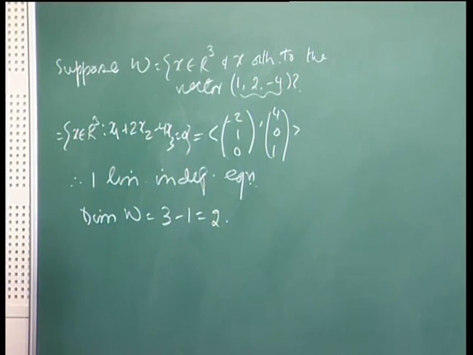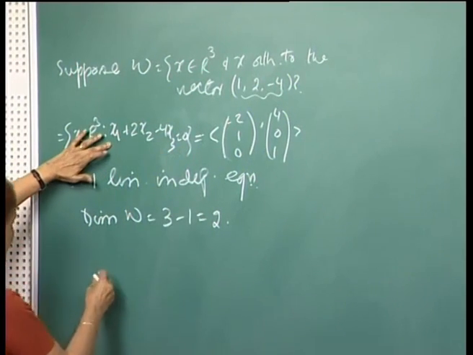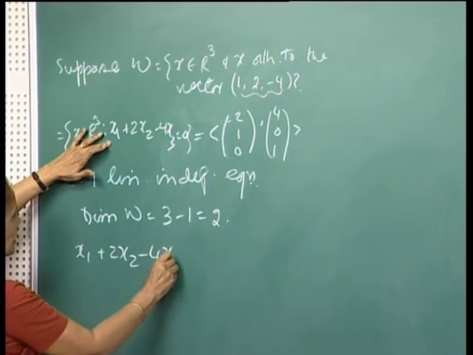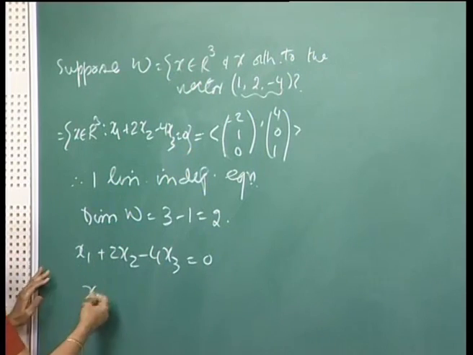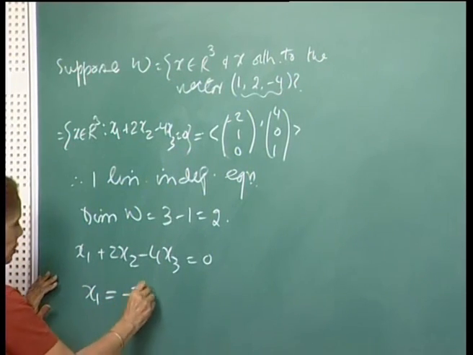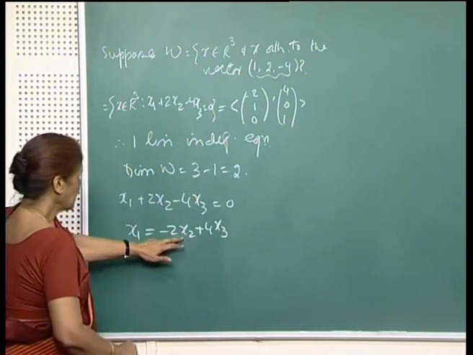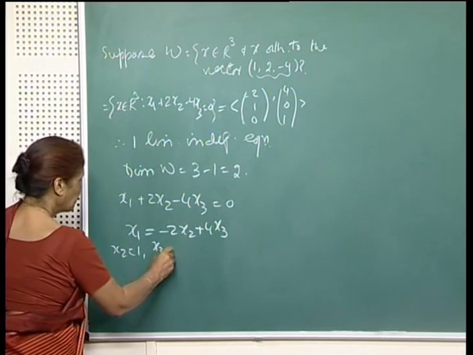And then what we see from here, this is what I want to explain, is that if you have x1 plus 2x2 minus 4x3 equal to 0, this implies that, suppose I want to fix x1, x1 is minus 2x2 plus 4x3. So, what I am doing is putting x2 equal to 1 and x3 equal to 0.